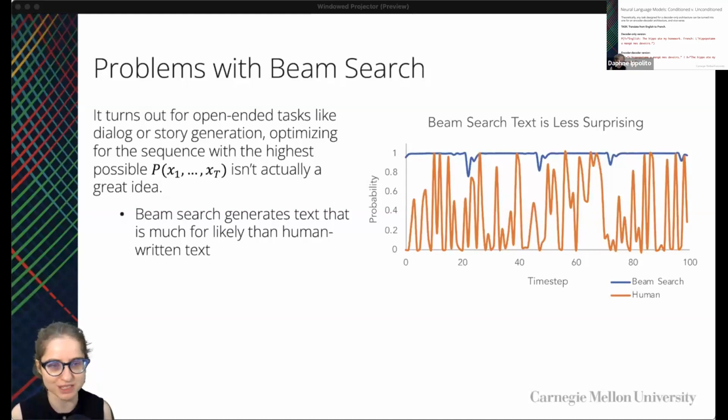Sometimes what I'm saying is really boring because it's just a common phrase in English. And so you get this orange curve that has a lot of peaks where you have things that are high likelihood and then a lot of areas that are low likelihood too. But text generated by beam search tends to just have high likelihood stuff in it. And so it tends to not actually look like the text that a human would write.